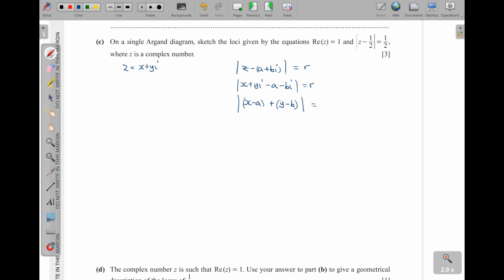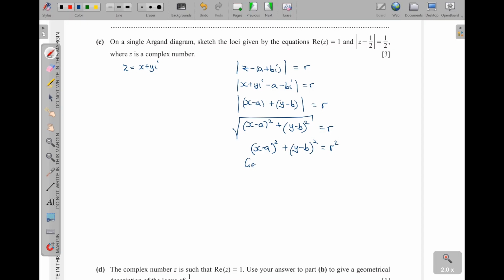And when we are getting modulus means the length. So that means we shall get x minus a. So we can actually undo this one here. The length is going to be this one here, squared plus y minus b, also squared under the square root. Okay. Now when you square both sides, you are going to get x minus a squared, then plus y minus b, okay, squared, which is equal to r squared.